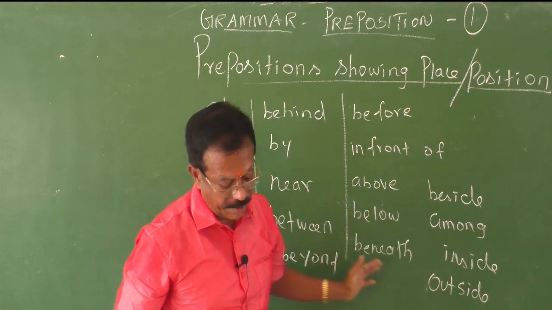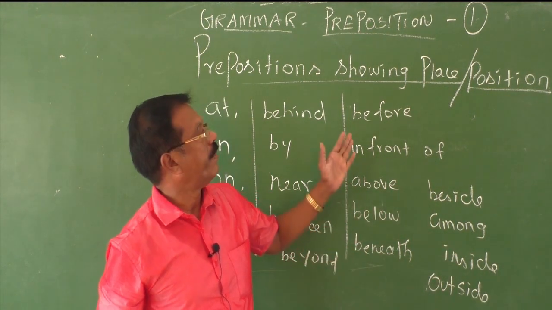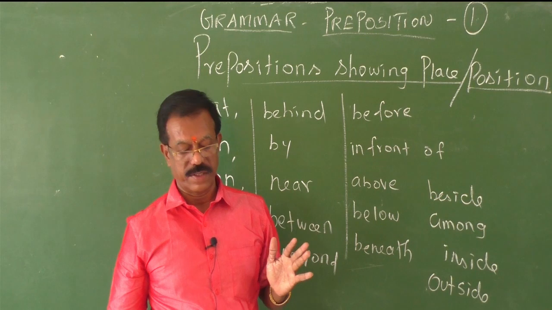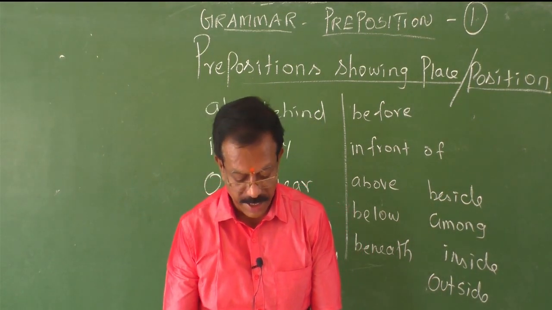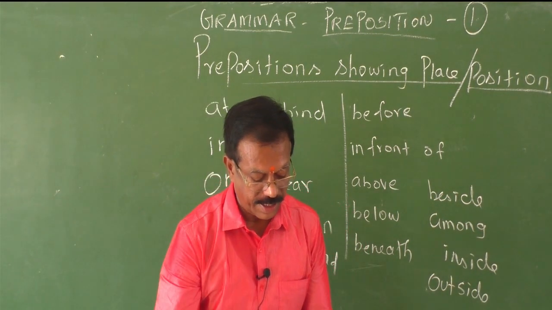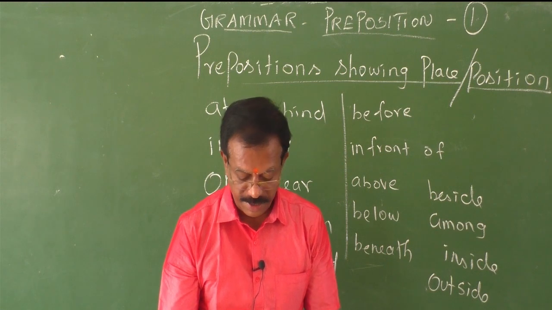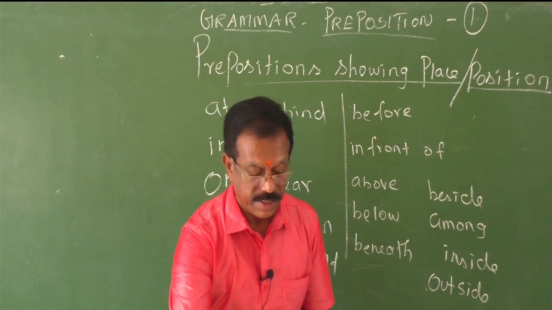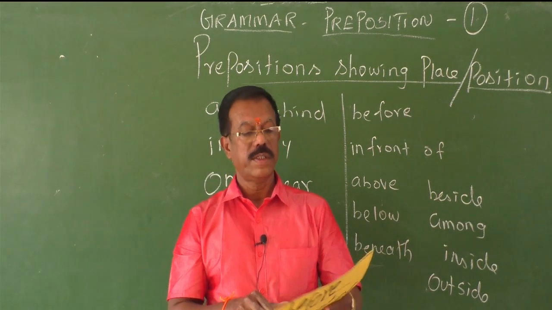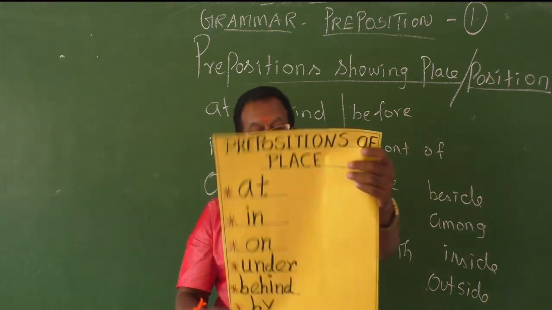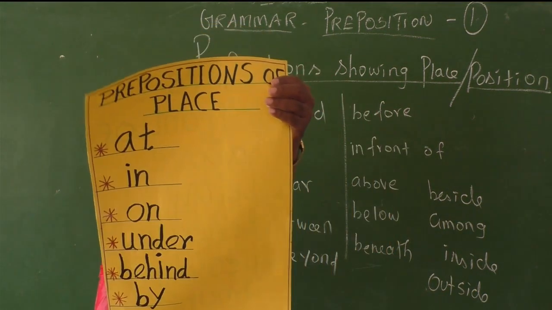So they are all called prepositions of places and positions. I hope you can understand well, children, with the help of the chart. And here also you can see some pictures. Once again go through the chart.